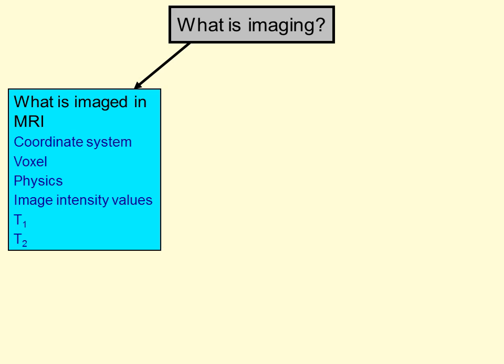Look at the underlying physics. Now, I'm not a physicist, so there won't be any equations, but we'll try and get an idea of how the MRI scanner works, which is basically what it does to produce these image intensity values. And we need to consider two types of contrast, T1 contrast and T2 contrast.